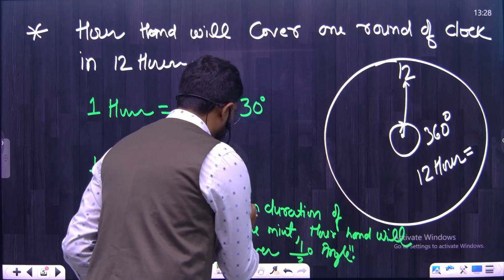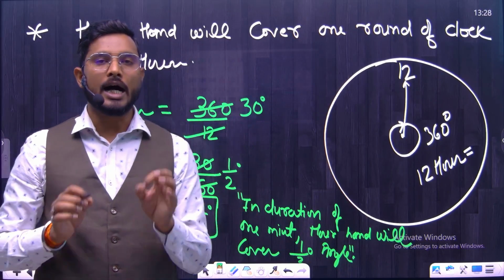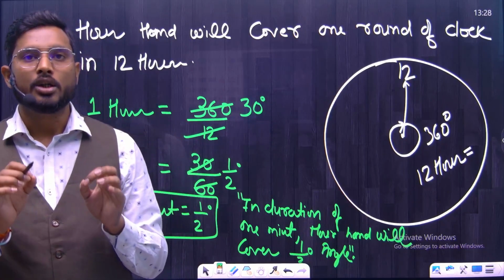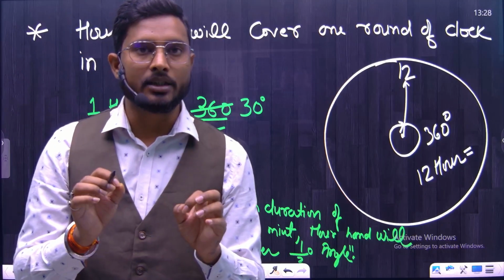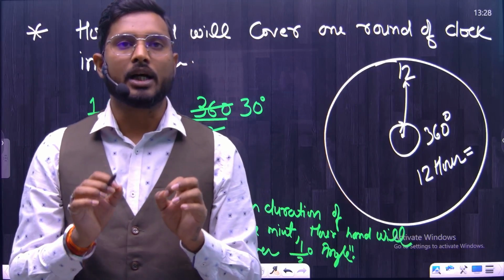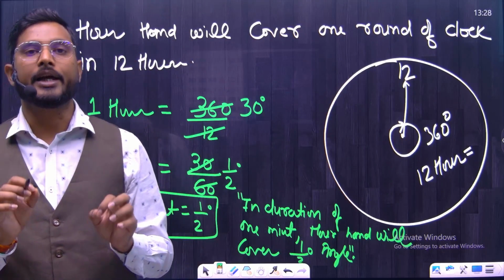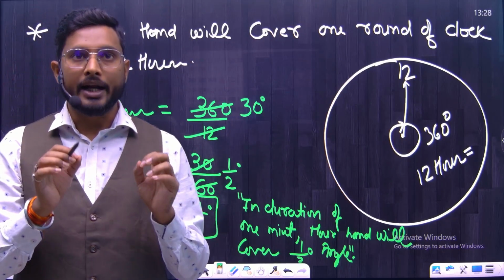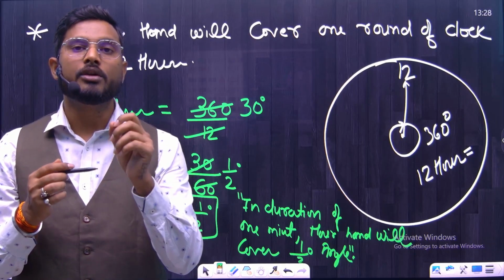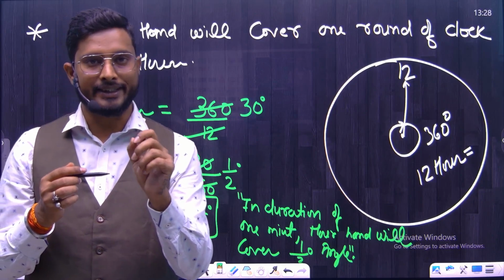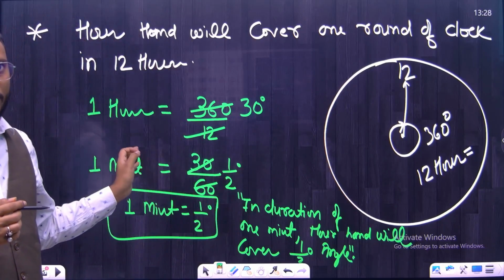That is the speed of our hand per minute. You can say that the hour hand will cover half a degree per minute. Now copy it, just copy it.